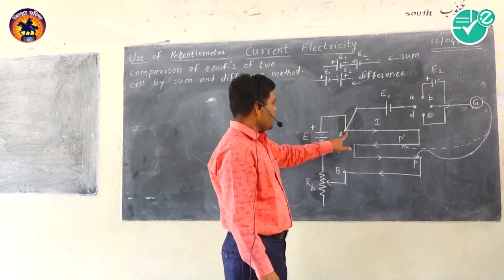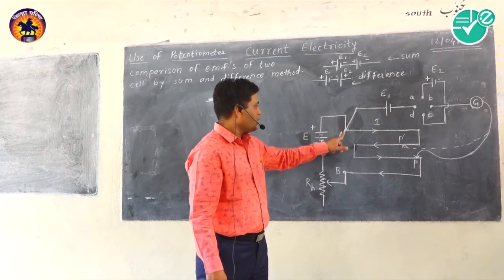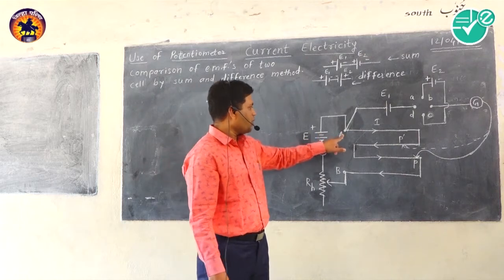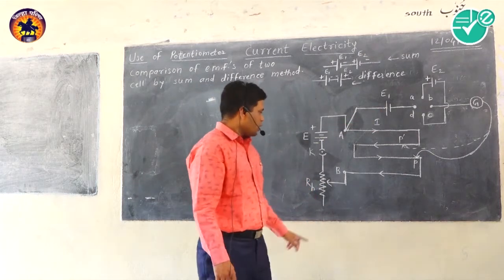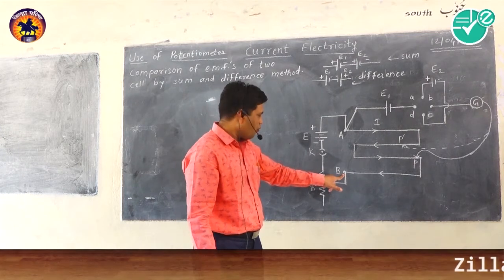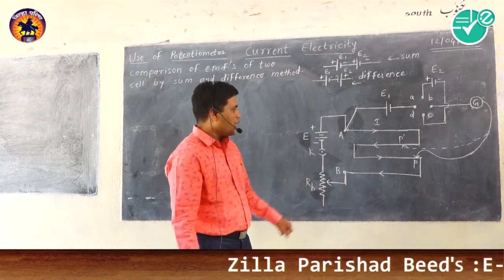The terminal A of the potentiometer wire AB is connected to the positive terminal of the battery, and it is also connected to the positive terminal of cell E1. Now the end B of the wire is connected to the rheostat, to the variable terminal.